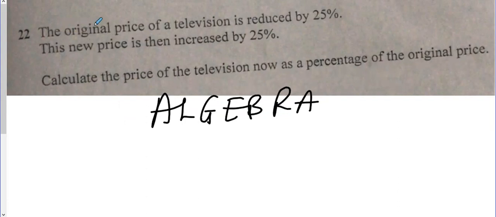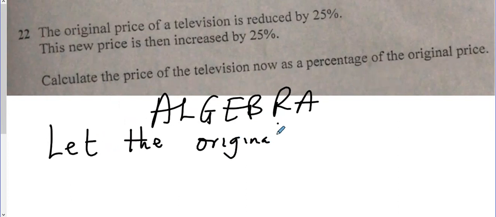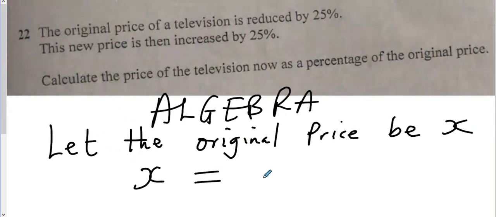Let the original price be, say, X. So the original price is X, and this X is equal to 100%.